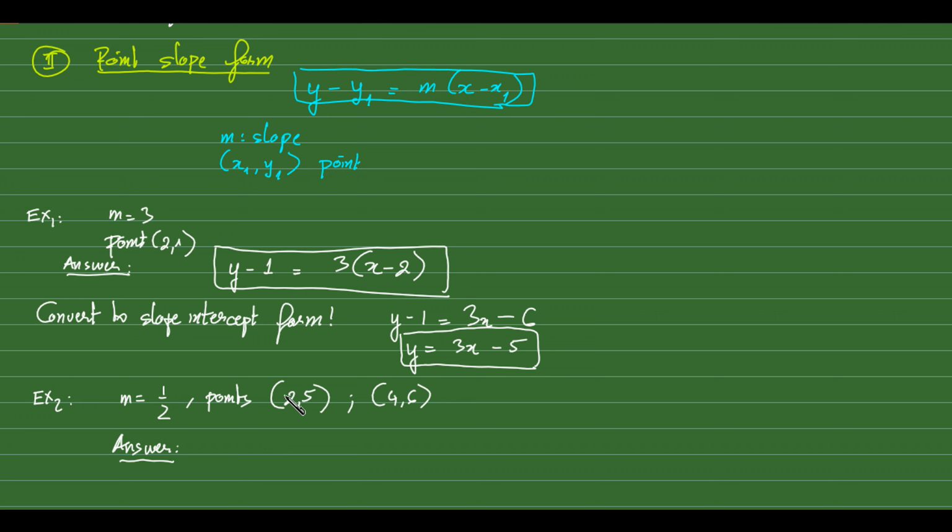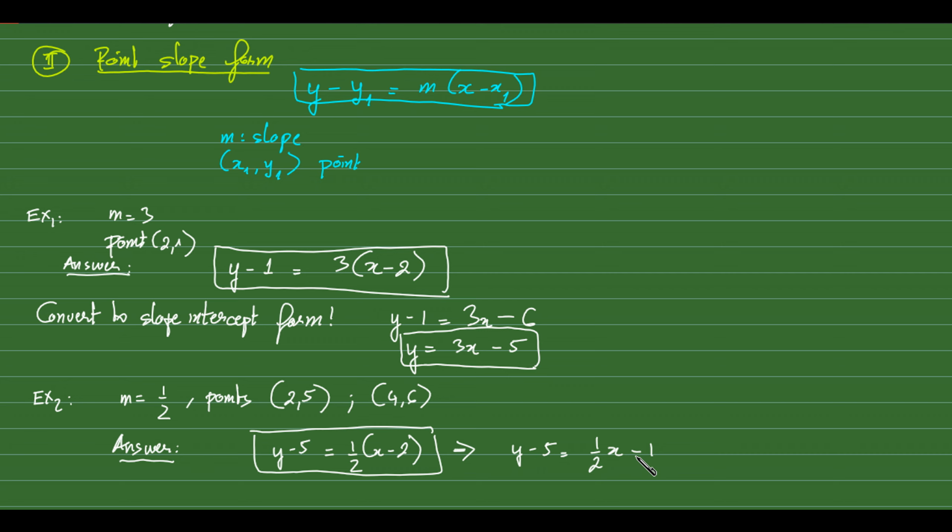It's very easy. So y minus 5 equals the slope, 1 over 2, times x minus 2. Again, this is point-slope form. Now I'm going to convert this point-slope form to slope-intercept form. So y minus 5, I'm going to distribute the 1 over 2 to x: 1 over 2 x minus 1 over 2 times negative 2, which would be negative 1.